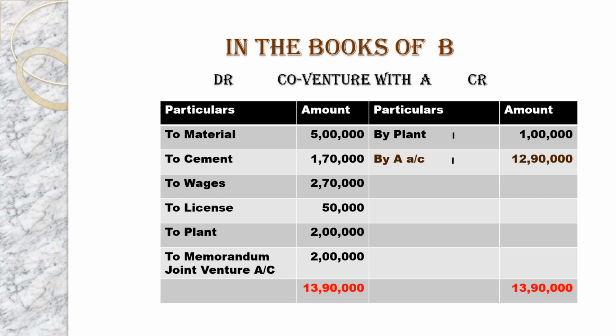All these 5 are the expenses paid by B. And then we have memorandum joint venture account, the profit of B. So therefore, B has to get back his material expense, he has to get back his cement expense, get back his wages, get back his license, get back his plant purchased amount, and then he should get his share of profit.